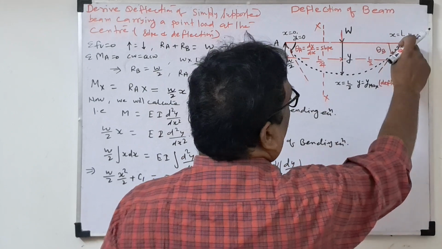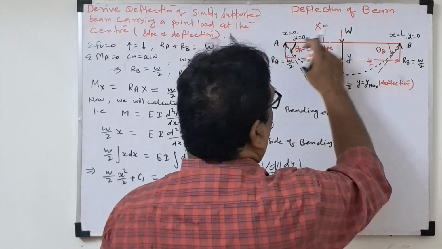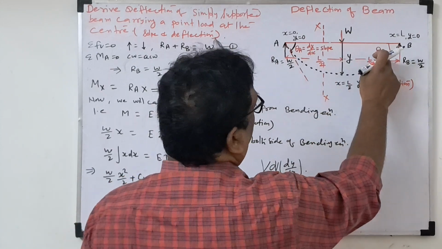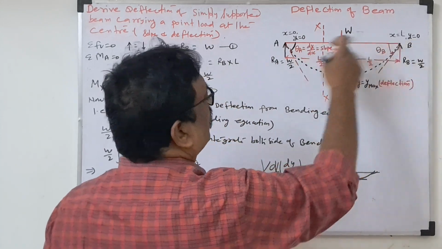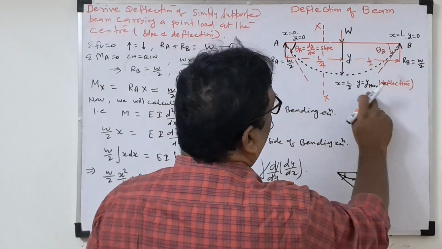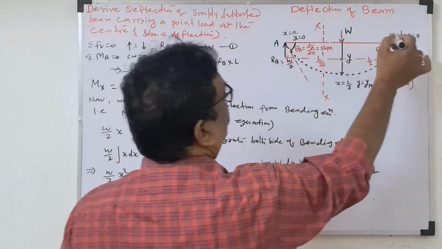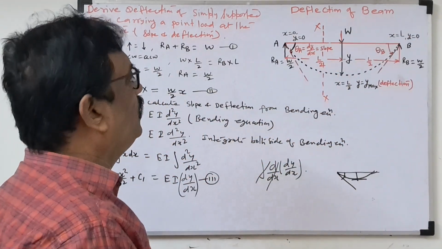When x equal to L, deflection will be 0. That means both end deflections will be 0, but slopes theta A and theta B will both be maximum. Deflection will be maximum in the middle, gradually increasing, but at points A and B it will be 0.